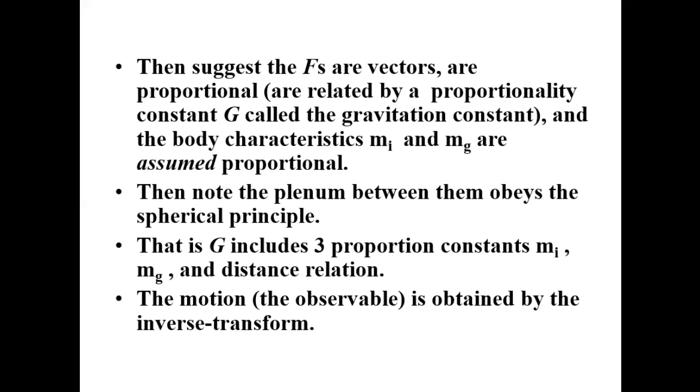Then note the plenum between them obeys the spherical principle. That is, the big G includes three proportional constants, Mi, Mg, and a distance relation constant. The motion, which is what is observed, is obtained by inverse transforms.